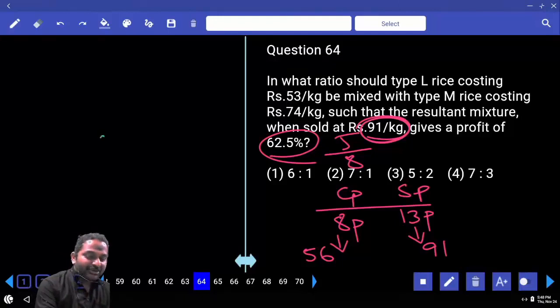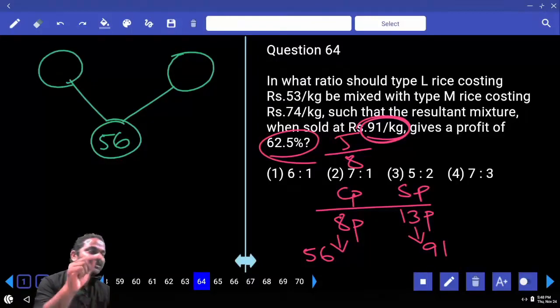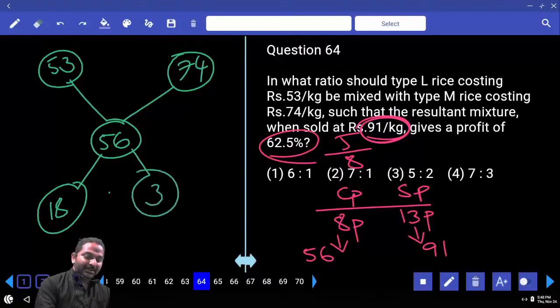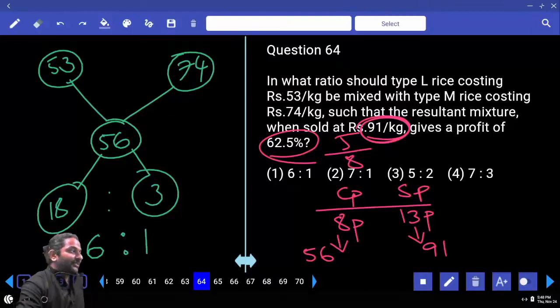Mixture. So that should be here, right? In allegation and mixture, you know that 56 is the mixture cost price. First item cost price 53, second item cost price 74. When you go with allegation, 18 comes here, 3 comes here, and the ratio is 6:1. So we have to mix them in the ratio 6:1, which is the first option.